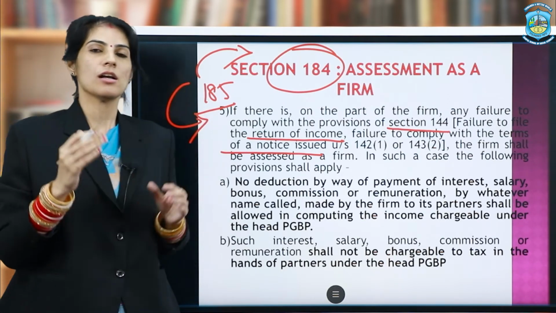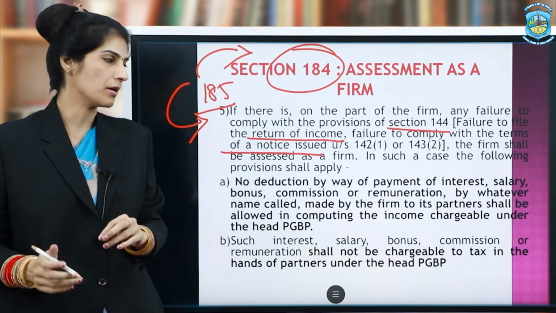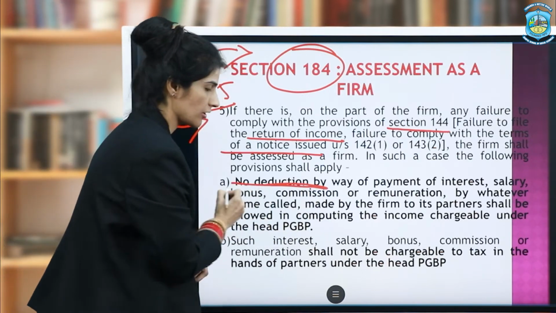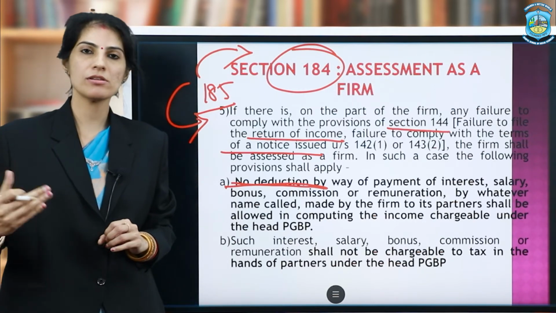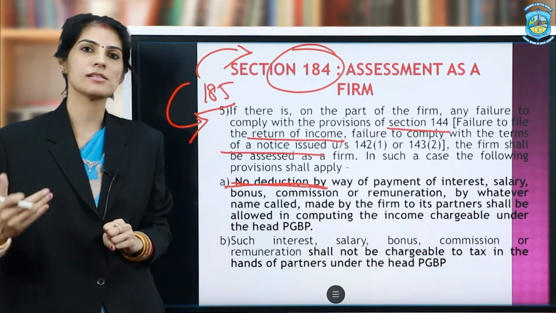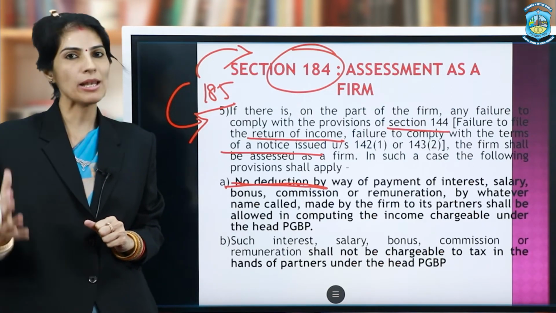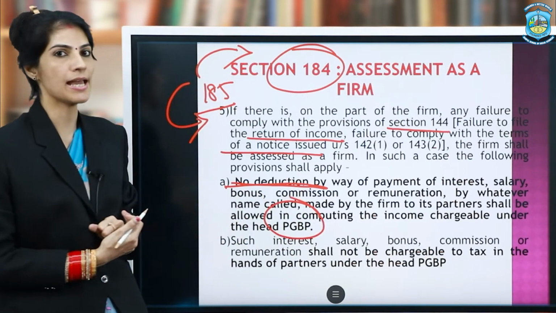Now, whenever it is falling under Section 185, always remember that no deduction in respect of interest or remuneration or salary or bonus which is given to the partners by the partnership firm will be allowed while the computation of the profits and gains of business and profession.